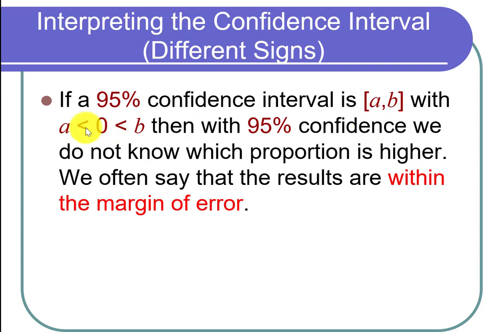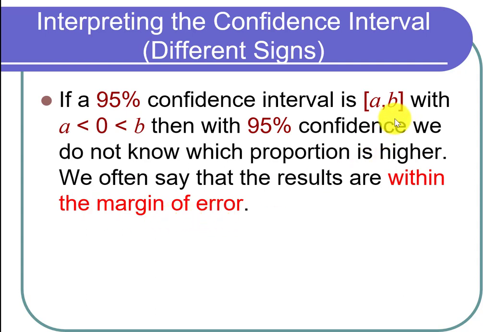If A is negative, then that tells you the first is smaller, whereas if B is positive, that tells you the first is larger. It's always the first minus the second, by the way. So we often say that the results are within the margin of error.